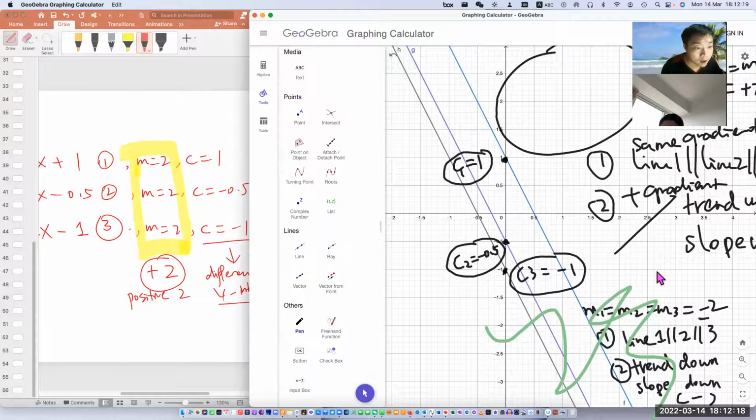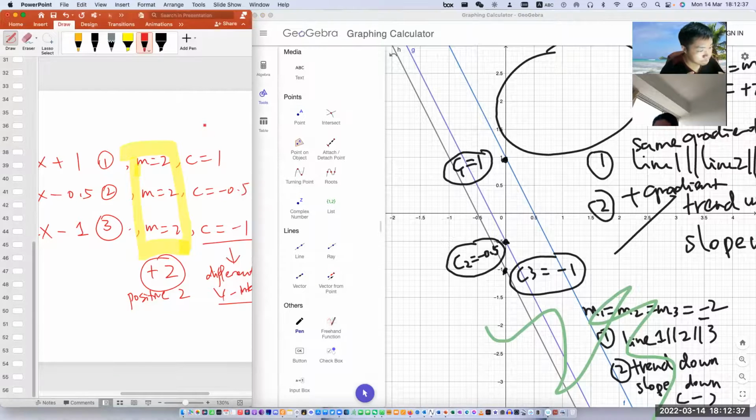But they remain parallel with each other, just that the slope is reversed, up and down. All right, so I have tested the impact of the gradient.